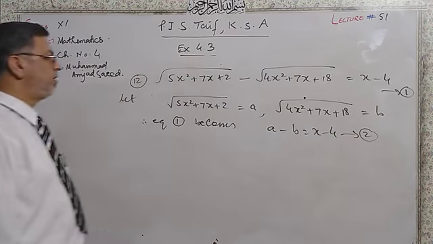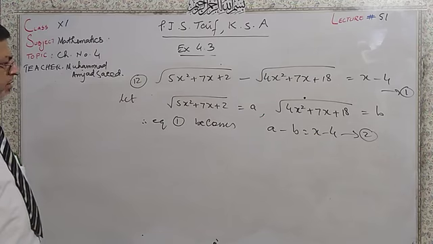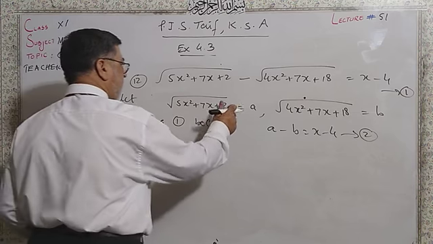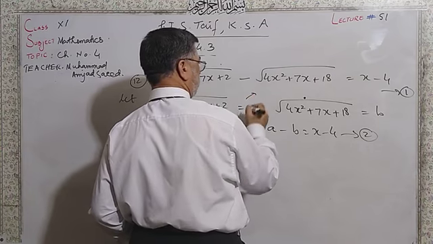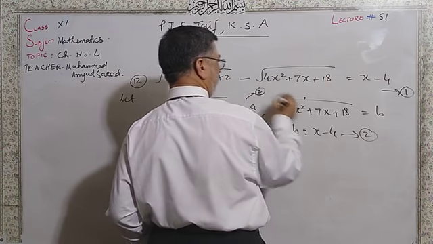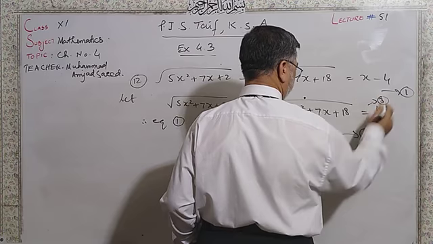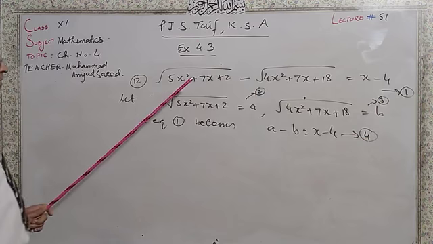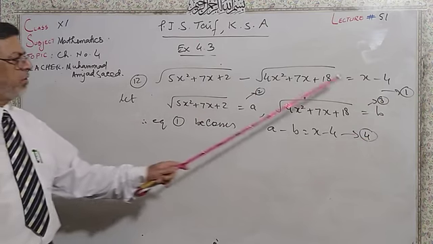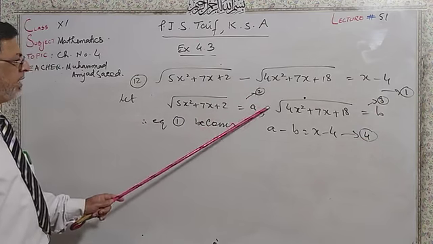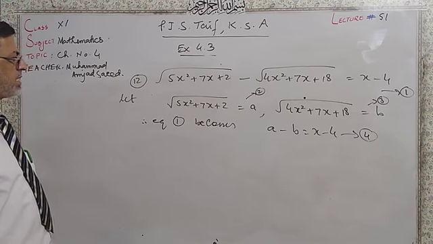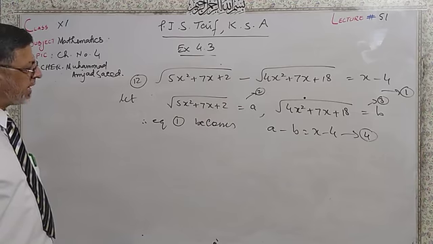This is your equation number 2. After that, we are taking these equations. Suppose we will take this as 2, this as 3 and maybe this as 4. Here we will have equations number 2 and 3, squaring and subtracting.